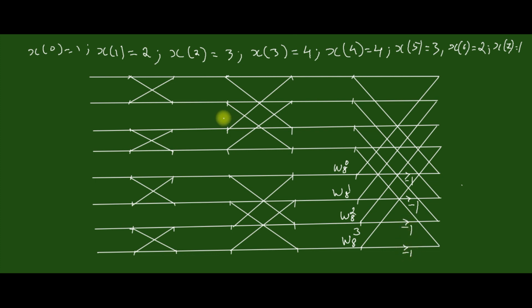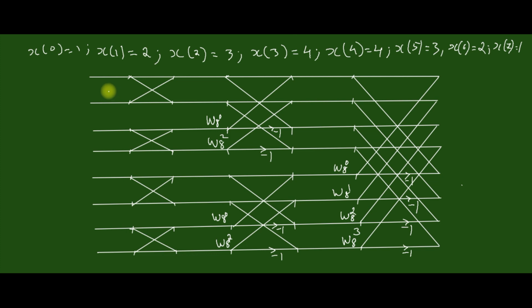Then at the second stage we have the twiddle factors here, W8 raised to 0 and W8 raised to 2. Here we have W8 raised to 0, it is W8 raised to 2. And here we can give the negative signs.